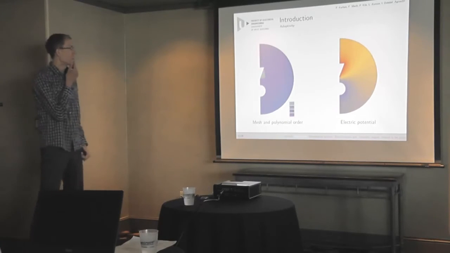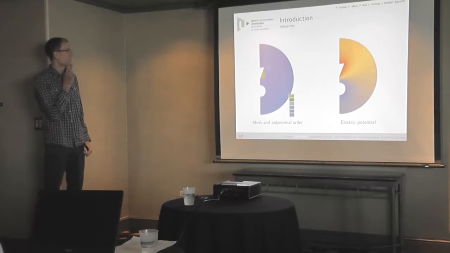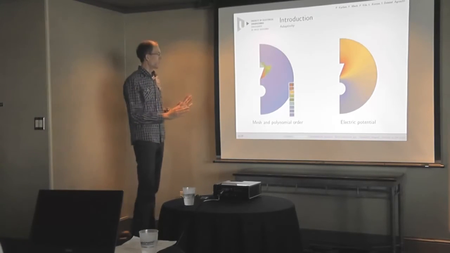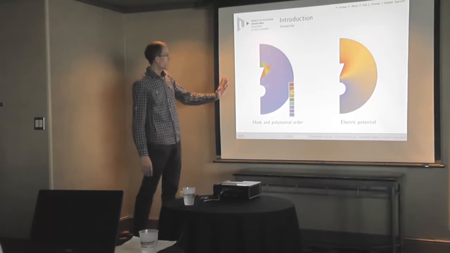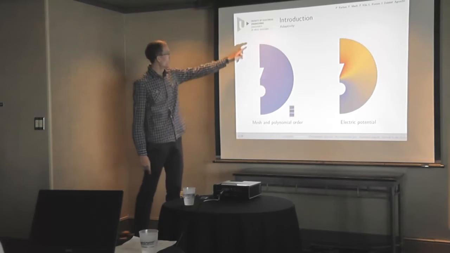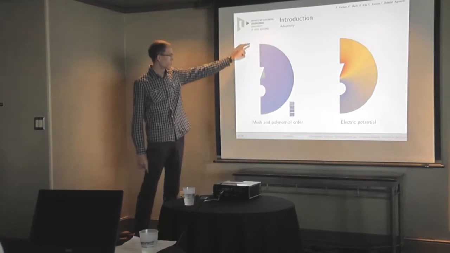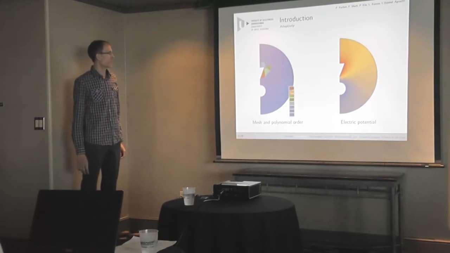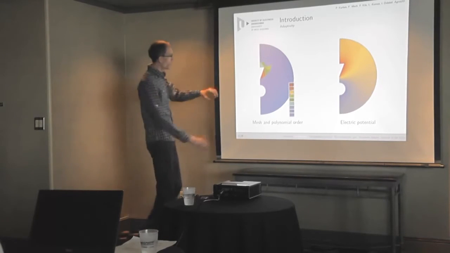This is just an example of adaptivity. This example is a spark gap. You can think about it as axial symmetry. So if you take this as an axis of symmetry and rotate the whole thing around the axis, you can imagine two electrodes here.